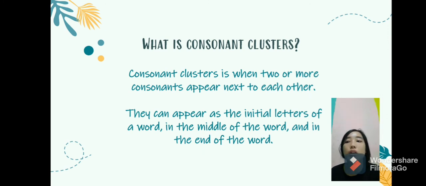So we will talk about consonant clusters. Basically, a consonant cluster is when 2 or more consonants appear next to each other, like in the phonotactic rule number 1. They can appear at the beginning of a word, in the middle of the word, or at the end of the word.